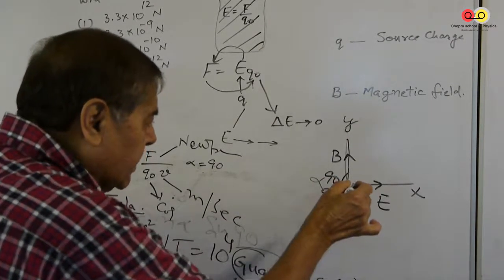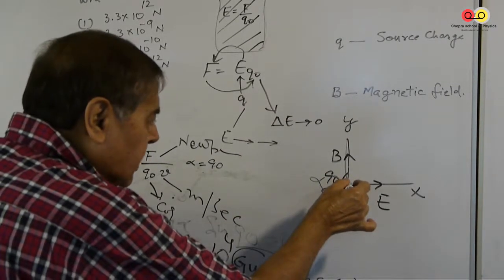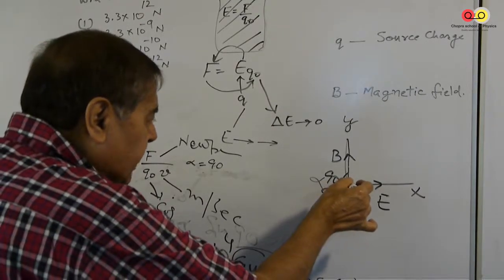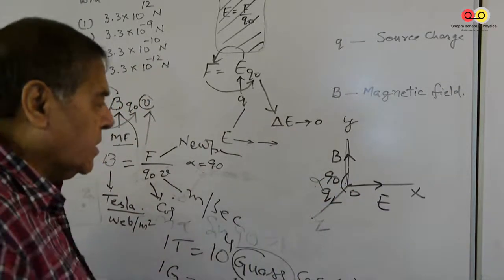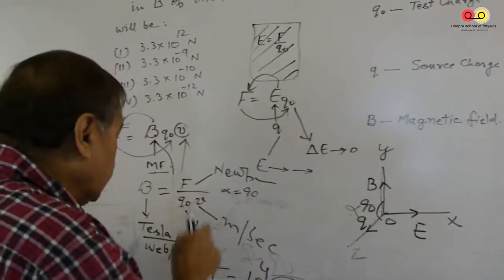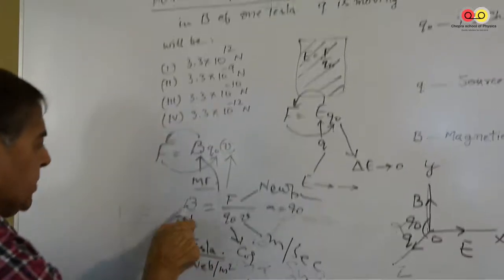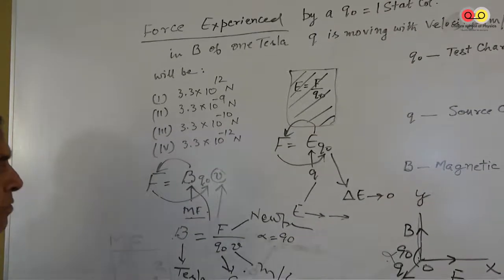The line is like this. Because this line cannot be drawn, we take the projection of the line. So alpha is 90 degrees. Sine 90 will be how much? 1.